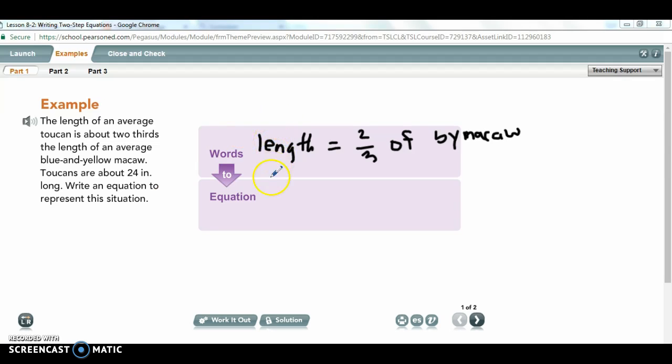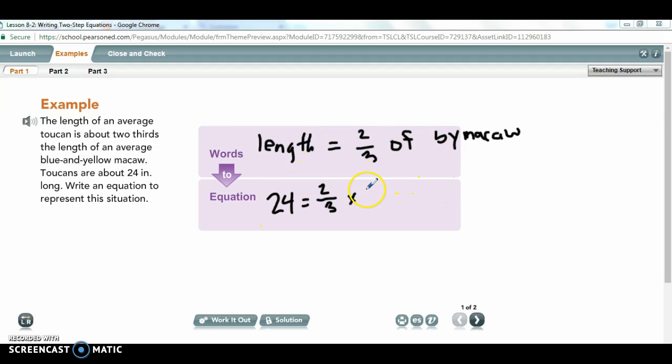So the length of our toucan is 24 inches, and that's going to equal 2/3 of. Remember when we were working with percentages, we learned that the word of is going to be multiplication, and then it says of the blue and yellow macaw.